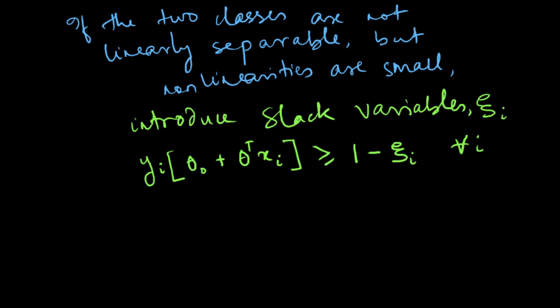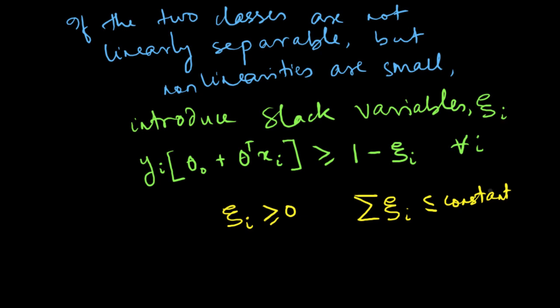And of course, we insist that our xi i is greater than or equal to 0, and because we don't want to be too generous, we also say that the summation of all these relaxation parameters must be less than or equal to some constant. So this is also a kind of regularization because we are allowing for a relaxation but within a certain boundary. So xi i is not allowed to become very, very large.